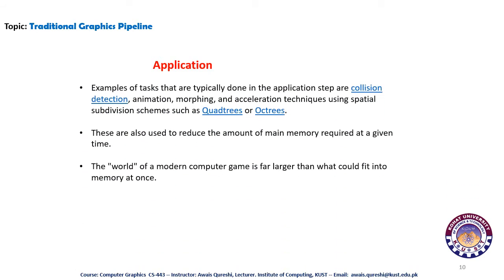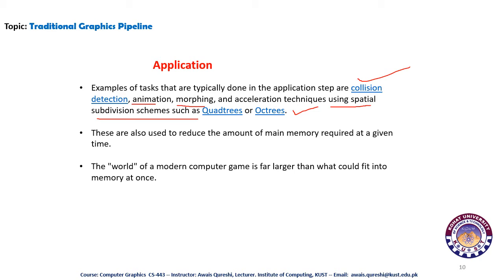Examples of tasks that are typically performed in the application step are collision detection, animation, morphing, and acceleration techniques that use special subdivision schemes such as quadtrees and octrees. These are concepts we will study later on in our further lectures.